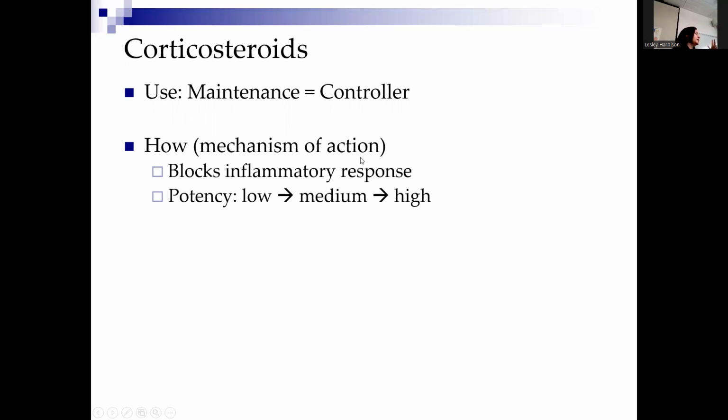Once you activate your immune system, there's a whole series of receptors that can be triggered, and a lot of them will cause inflammation if they keep being triggered. So it blocks this cascade of reactions, and it can go from low, medium, or high potency. It totally depends on the patient, how much they need, and what kind of medication they use.